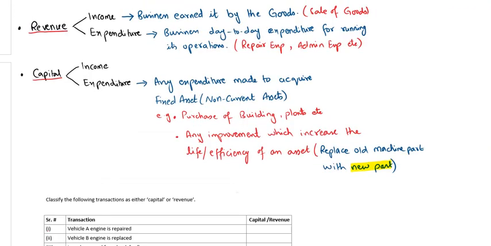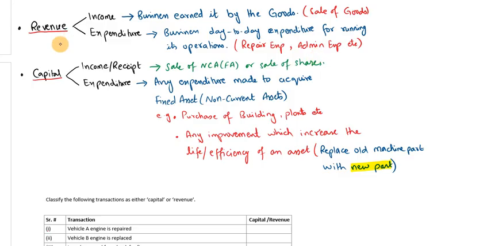So capital income is also called capital receipt. Normally this receipt will happen on the sale of non-current assets, or you can say fixed assets, or sale of shares.